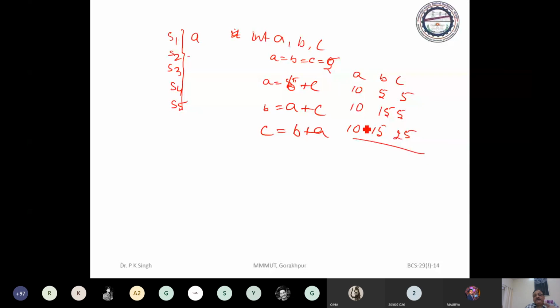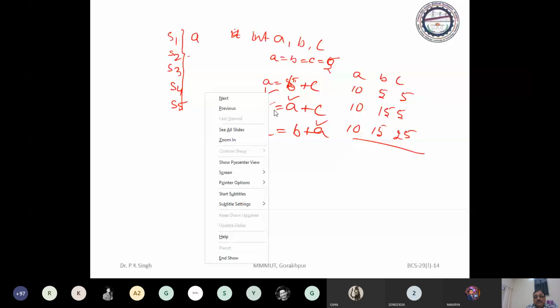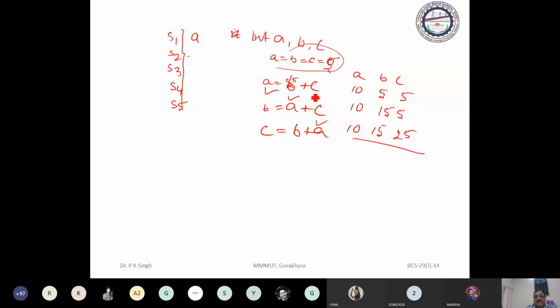So it is only due to data flow. This A is being used here and here. This B is used by this, but this B uses the previous value. In the case of C, it will use the value we supplied at the time of initialization. So this is the data flow. This is what the sequence of statements wants to convey, so at the end you will get this value.